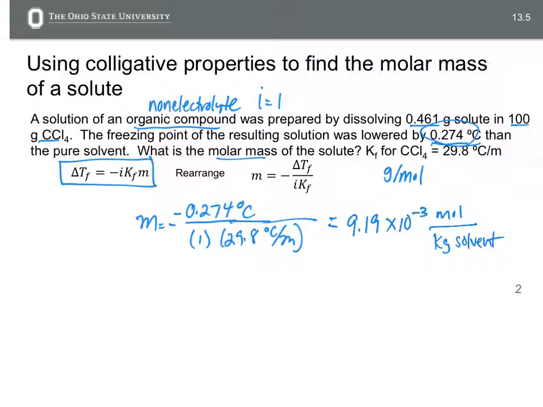And I'm doing that because that's not what we're looking for in the long run. What we really want is grams per mole of the solute. So we know that in this solution we used 100 grams of carbon tetrachloride. So we know the mass of our solvent. So let's just rewrite our answer here: 9.19 times 10 to the minus 3 moles per kilogram of solvent.